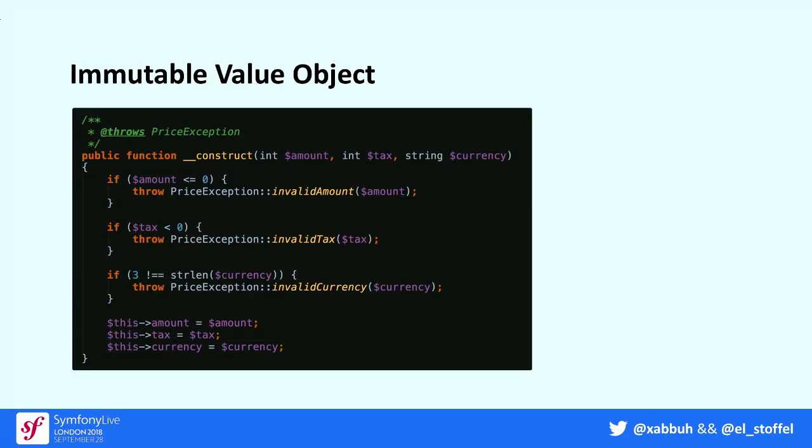So the next one is that the price object is an immutable value object. So we cannot transform it, but we have to recreate it on change. The factory option itself would only be applied in case there was no data object that we could map to. But in case of the price, we need to create a new object every time the form is submitted, because we cannot change existing instances.